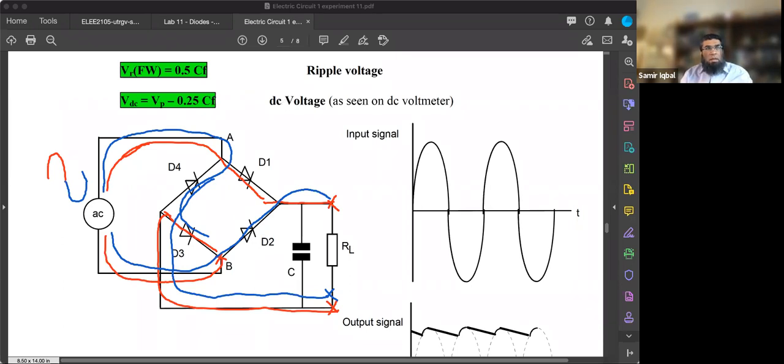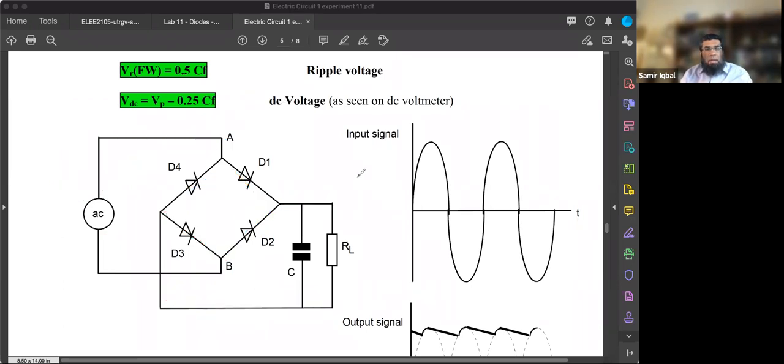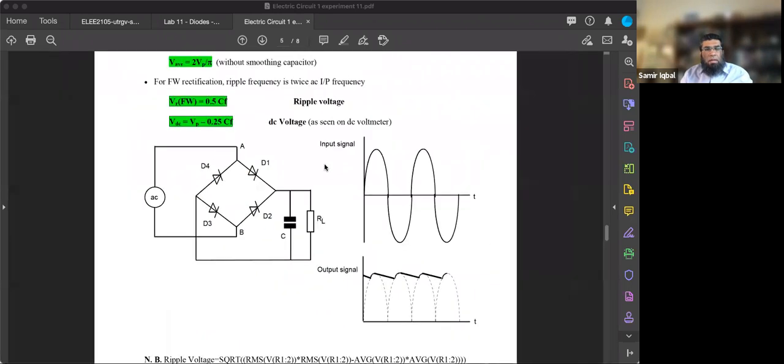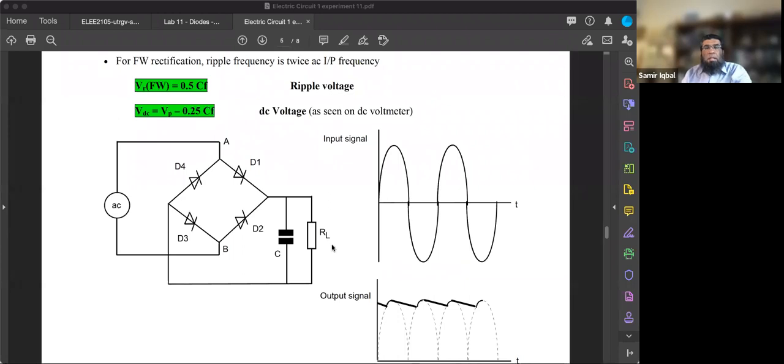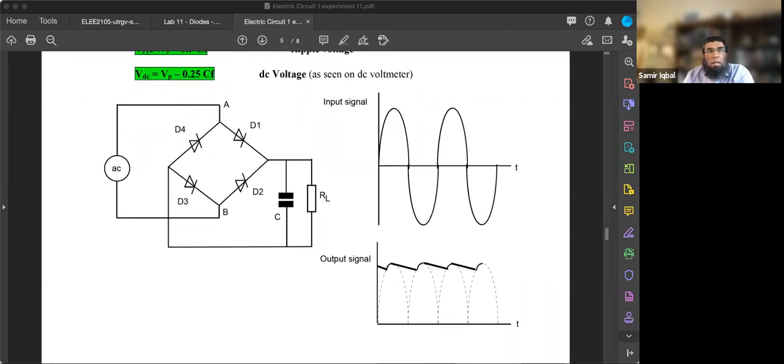So let me now clean this up, and now we can see the theory written for that to get a better idea. What we are getting on the output for both cases is a positive signal. And what we have done is, again, we have used a capacitor, because if you don't do that, then we would have been getting just this signal.